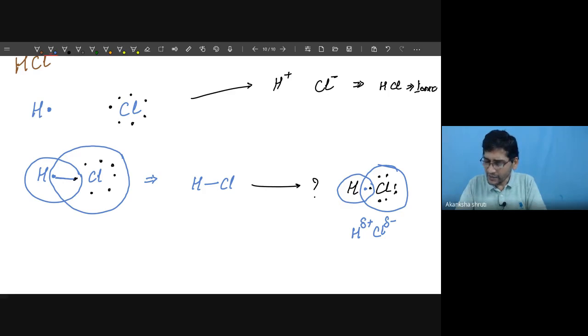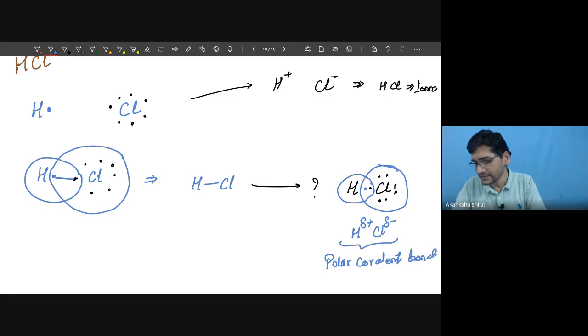So such kind of bonding is called a polar covalent bond, and this is the true structure of HCl.